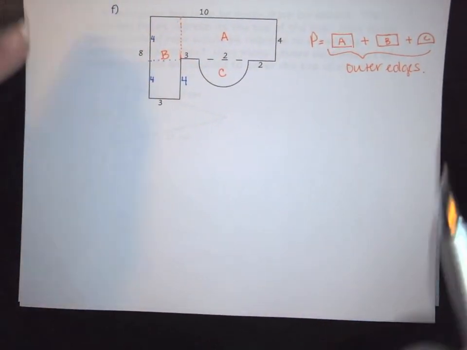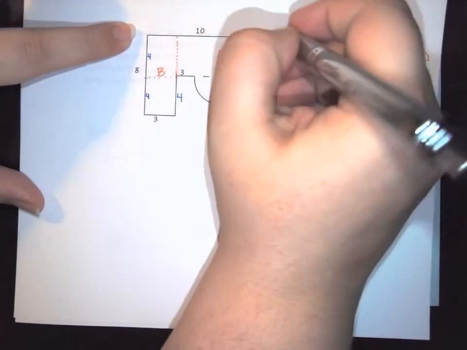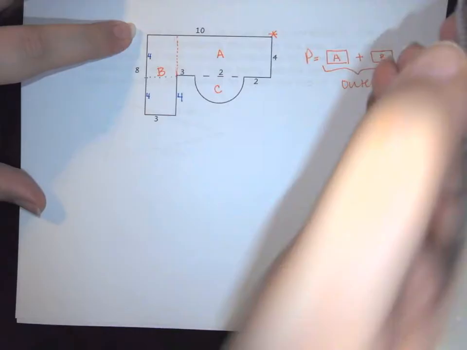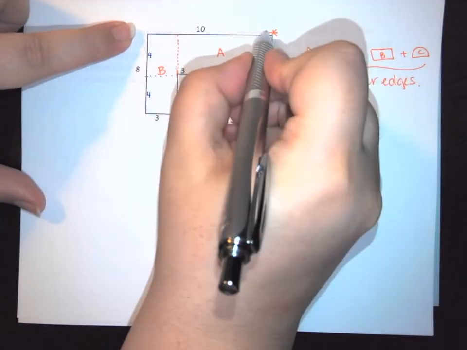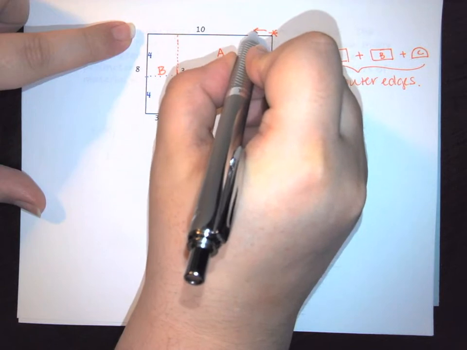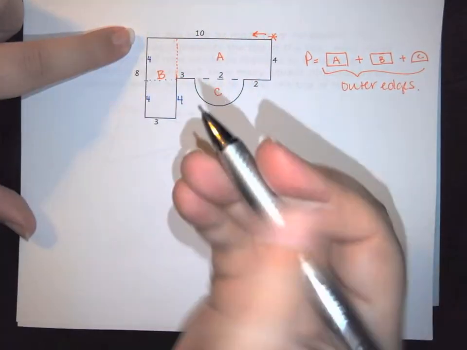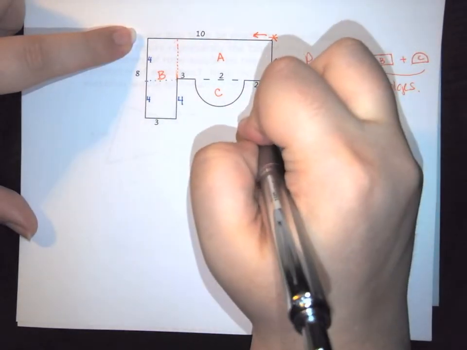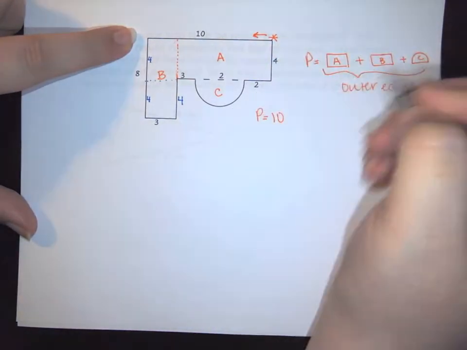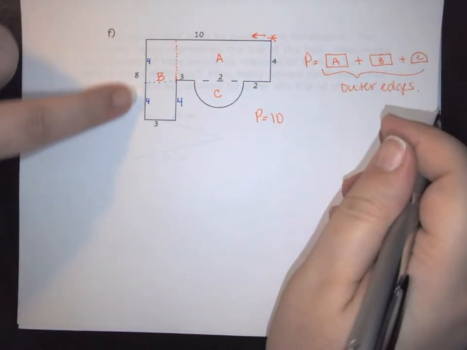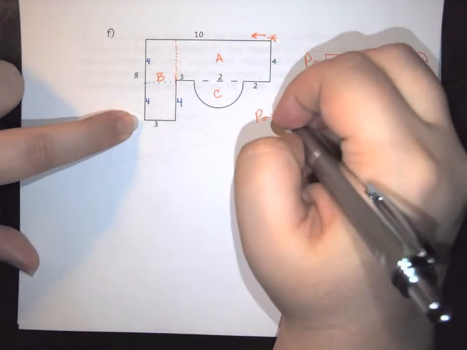So here for my perimeter, we're going to start in this corner here. And we're going to take a walk going in this direction and make sure we add up everything as we go. So first we have 10. So my perimeter is going to start with 10. Then we're going to turn down and add this length, which was 8.